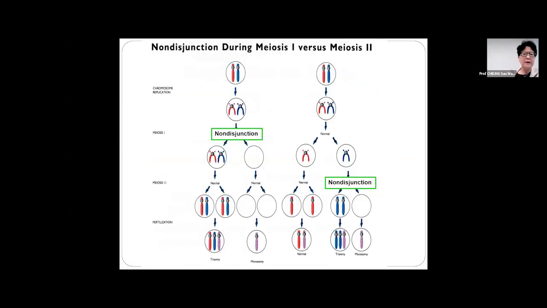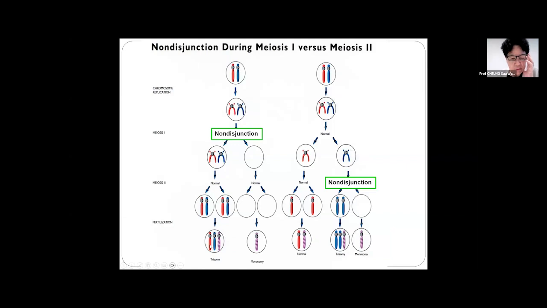So here is the non-disjunction. During meiosis 1, both of the homologs go to one cell, and then in meiosis 2 you have two chromosomes, and then fertilized with a sperm, you have the third chromosome, therefore forming trisomy.